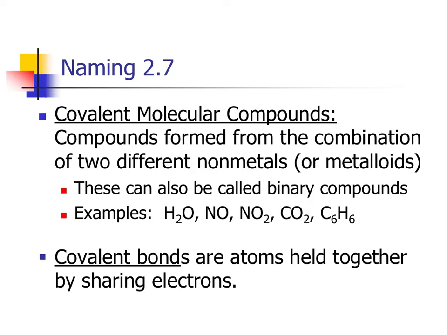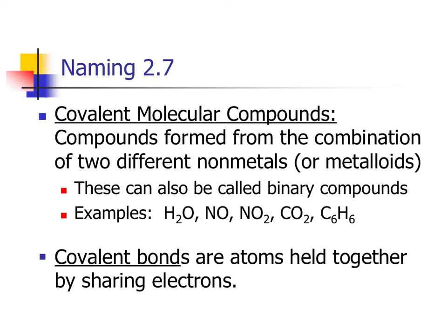So covalent bonds are held together by sharing. We'll talk more about how they bond in the next unit or a little bit later. However, it is kind of there. We do need to understand that it is through the sharing of the electrons to achieve their octet.